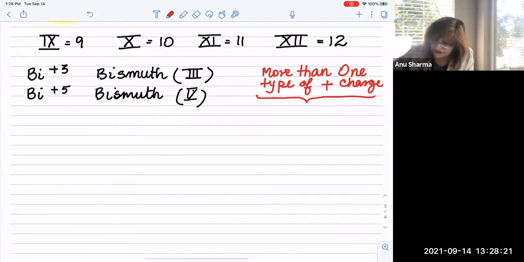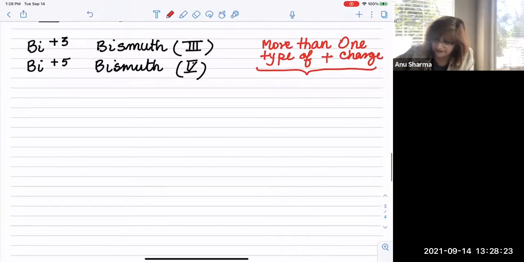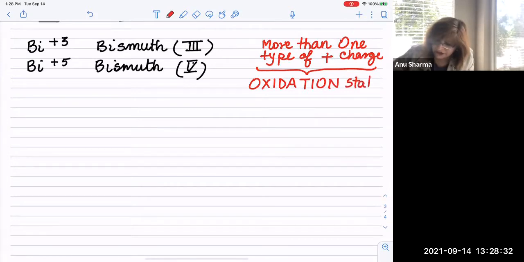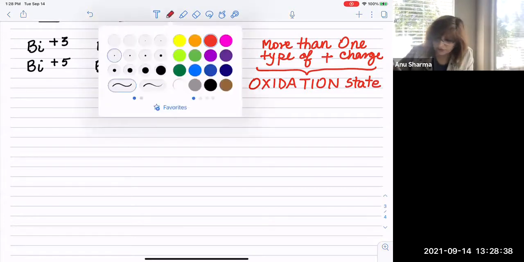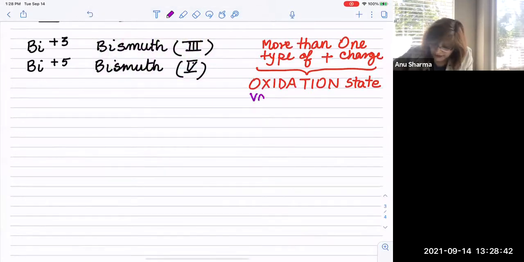That positive charge is also called the oxidation state. This also means variable valence state. So all these terms are used: oxidation state, variable valence state.